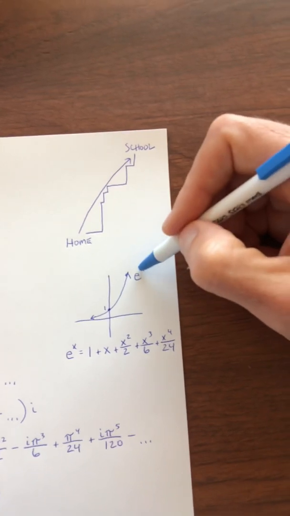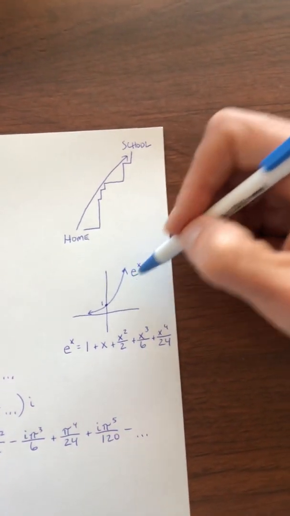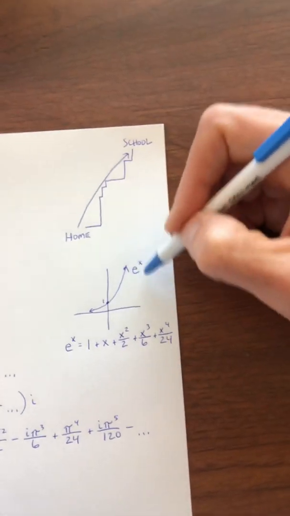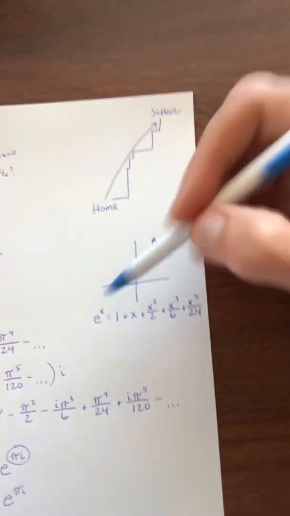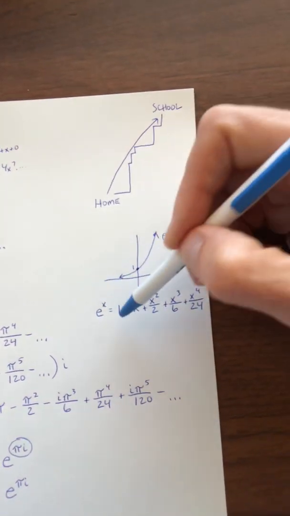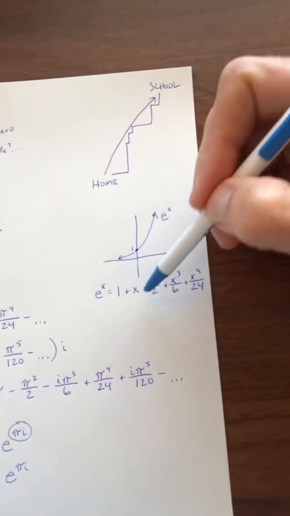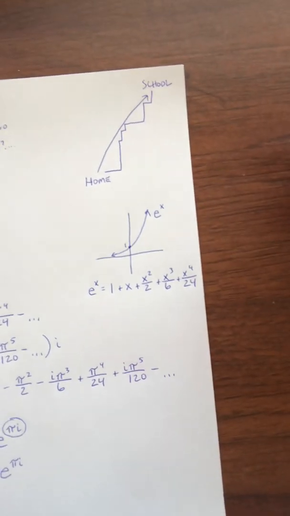So if we put any other number in x, 2.7 to the first, 2.7 to the second power, 2.7 to the third power, 2.7 to the fourth power, we can generate any number that there is. They found out many years ago that e to the x, the Taylor series of it, looks like this: 1 plus x squared over 2 plus x squared over 3 plus on and on and on.